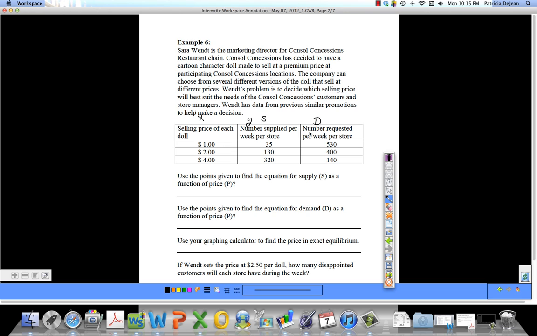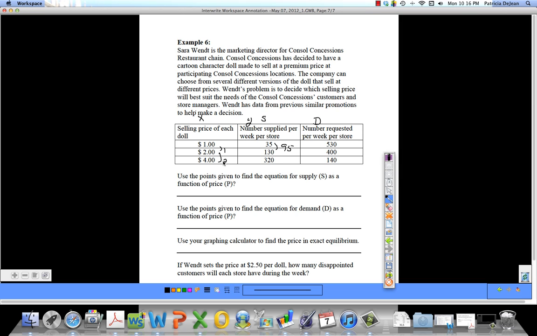Now, if we look here and get that difference, the way you're going to find slope, we have 130 minus 35, and that's 95. So this difference here is 95, and obviously this difference is 1.